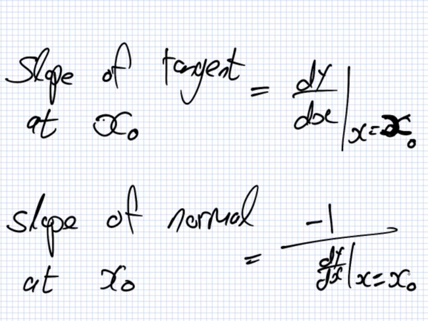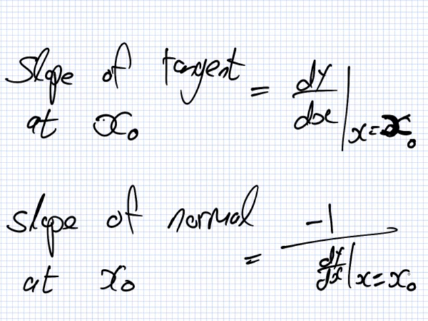y equals mx plus c. Because this dy/dx gives you the slope of the tangent, but you want the slope of the normal, and the normal is perpendicular to the tangent.